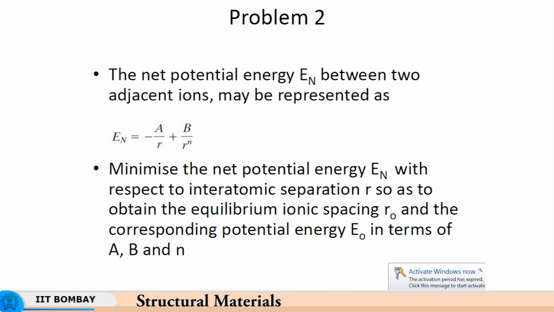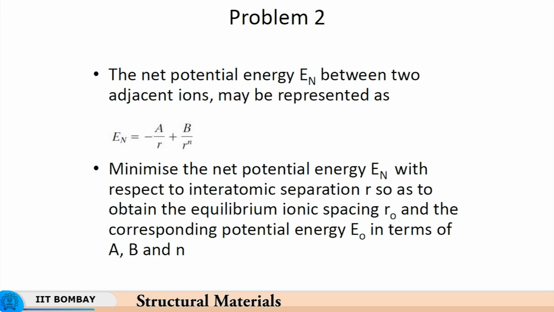So that is also a meaning of differentiating this with respect to R and equating it to 0. So this gives you a point of minimum energy, so the separation between two atoms having minimum energy as well as a 0 force. So one has been asked to find out the equilibrium atomic spacing or ionic spacing.